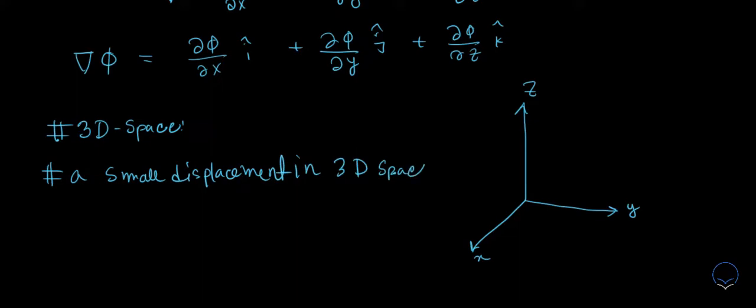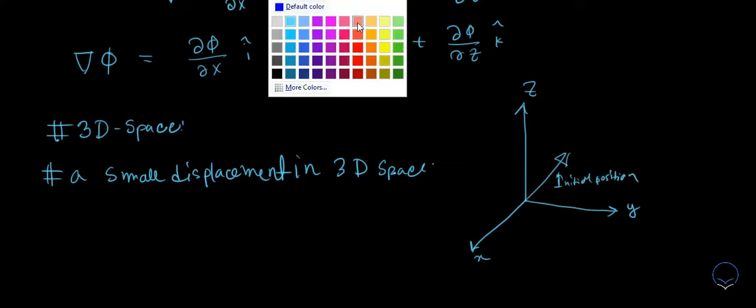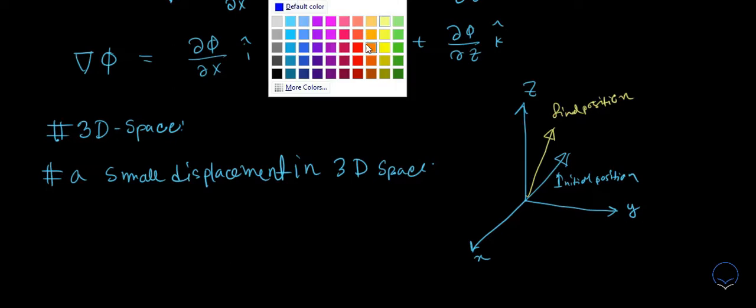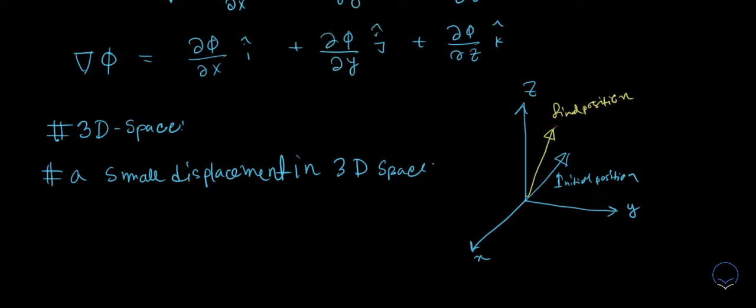So this means if you have a vector like this, and let's say this is the initial position, and this is the final position, the difference between them is our displacement.